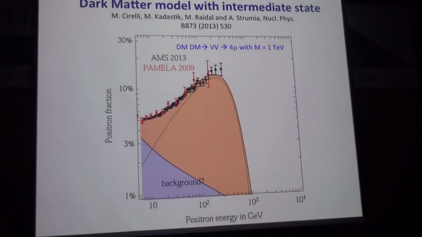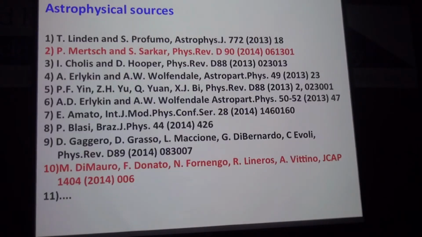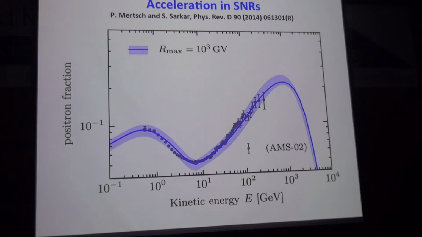Let me show you some examples. For example, this is a dark matter model where the dark matter prefers to annihilate into 2 vector bosons and to form muons. And this describes the data pretty well. However, astro-particle sources can also describe the data.